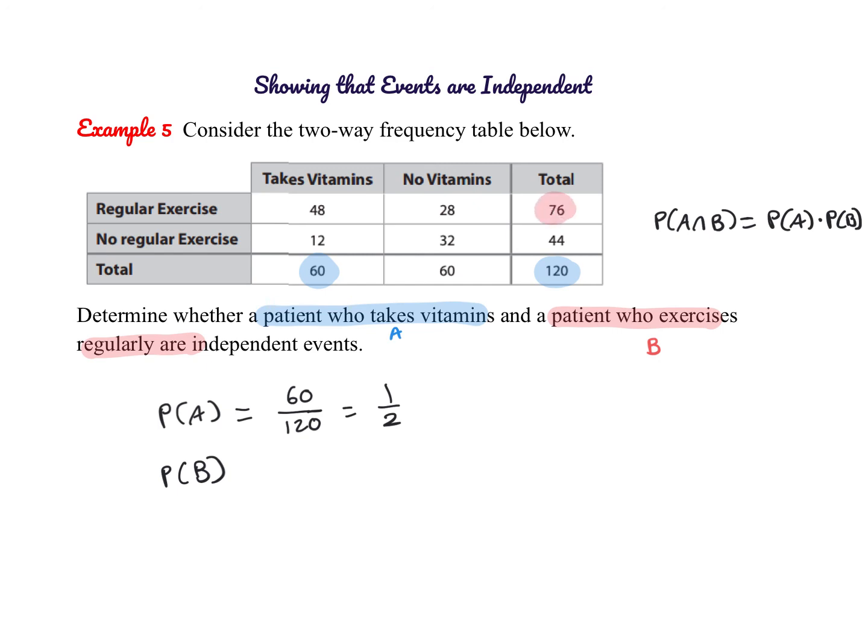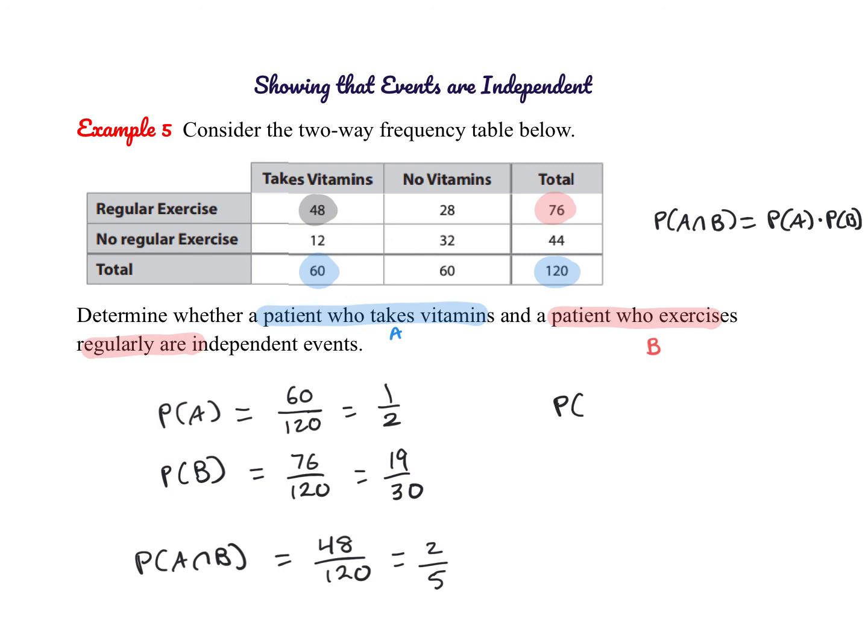There are 76 people there over 120, so 19 over 30. And then let's find the probability of the intersection of A and B. If you look at your chart, there are 48 people who take vitamins and exercise regularly. So the probability of that is 48 out of 120, which gives you 2 out of 5.